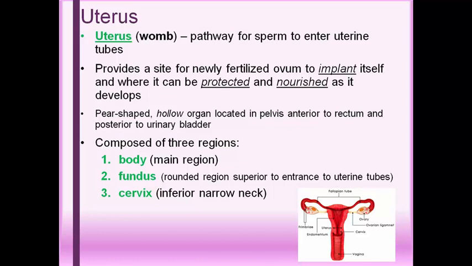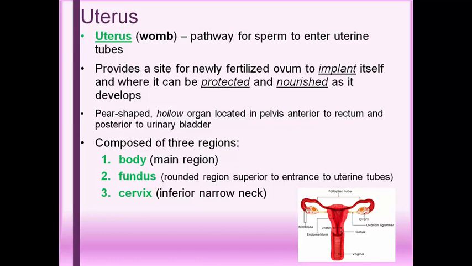As far as the uterus, or the womb, we know that the sperm go up through this area to enter into the uterine tubes, but it also is going to provide the major site for implantation, so that the fertilized ovum can be protected, nourished, and develop in this organ.